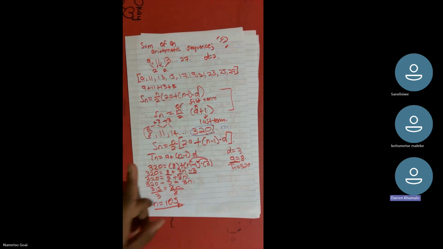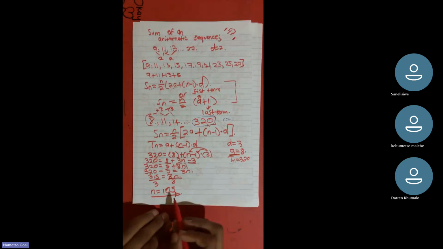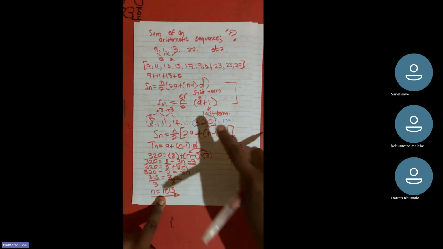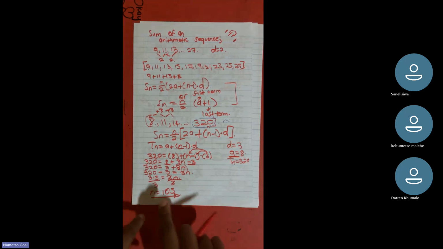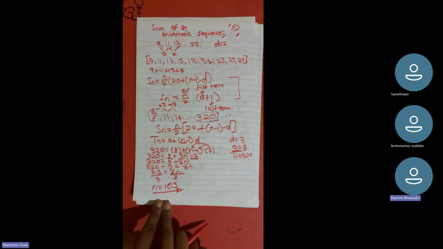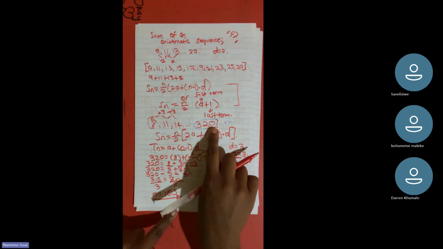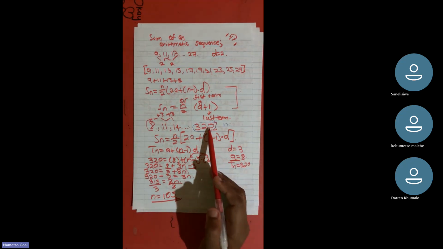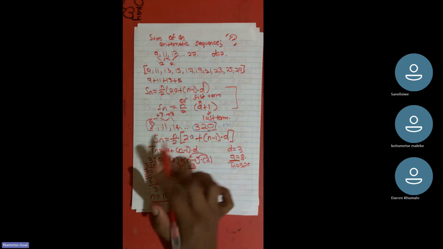So you see the position of 320 is 105. So which means, therefore, because it's the last term, we have 105 terms in this sequence, right?